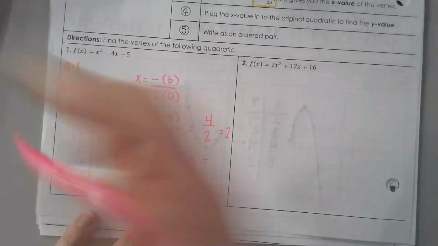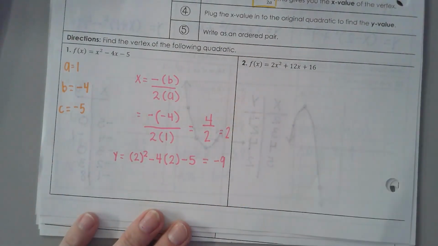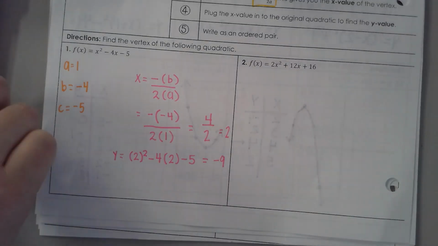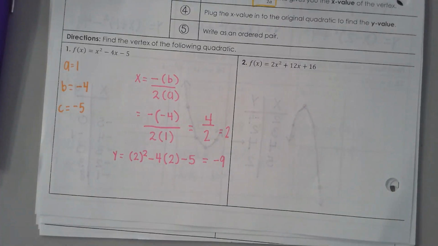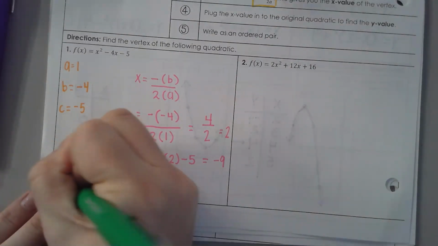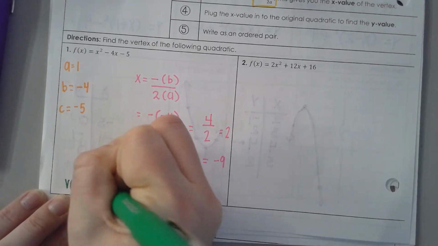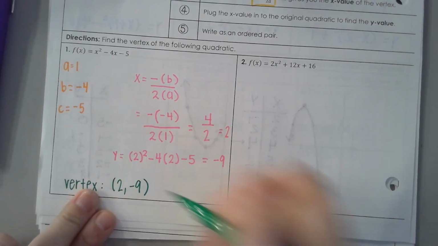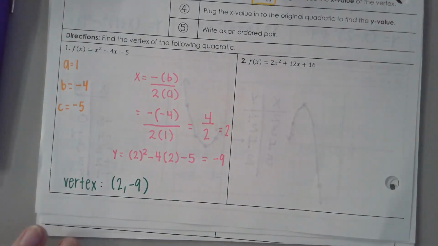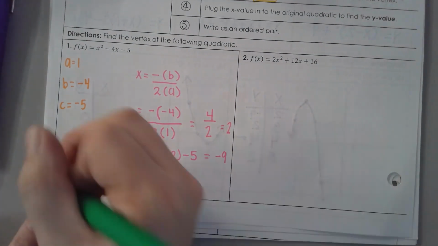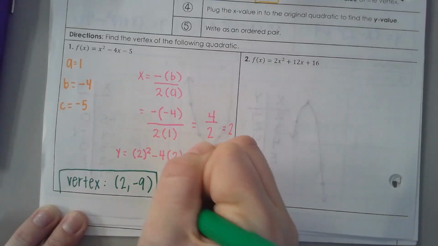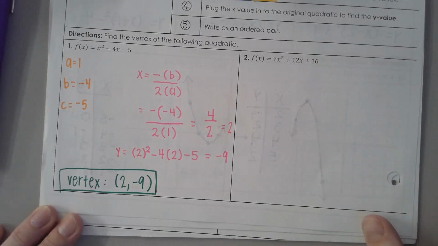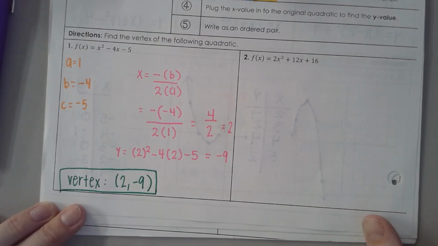Either way, you get -9. So the vertex is the point (2, -9). Are there any questions?